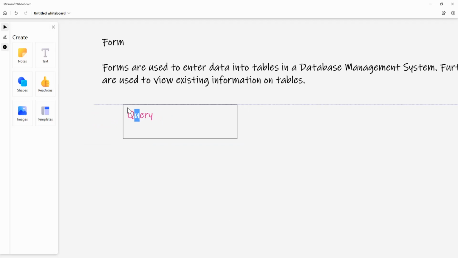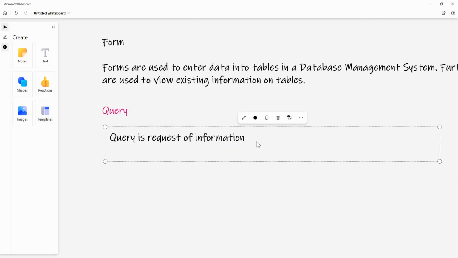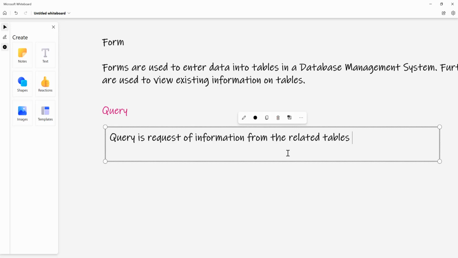So let's write about the query. And under that, we can say what? A query is a request of information from the related tables in the database.